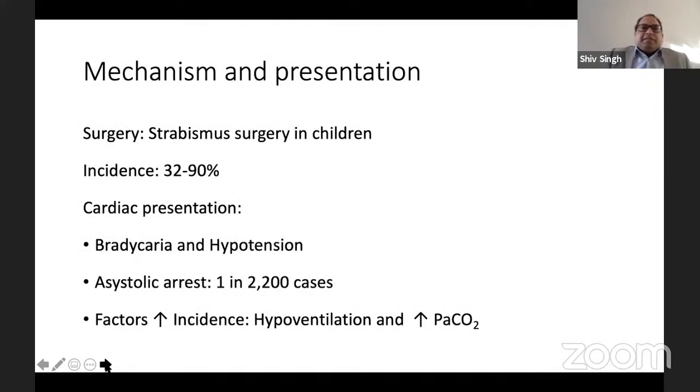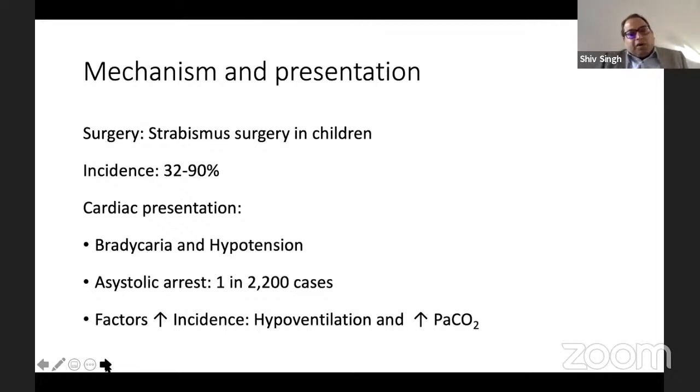So the mechanism and presentation: I said this is very common during strabismus surgery in children. The incidence can be as high as 32 to 90%. And the presentation is usually bradycardia and hypotension, but it can even lead to asystolic arrest.